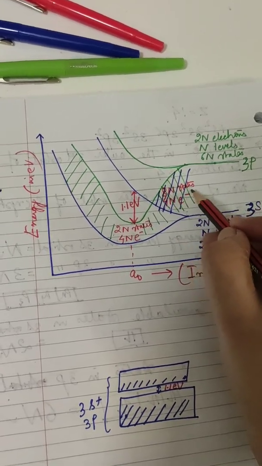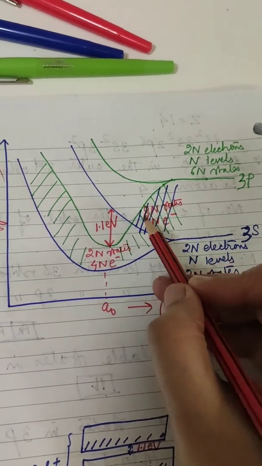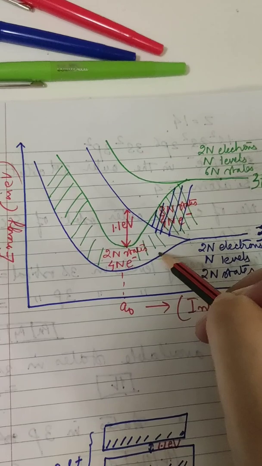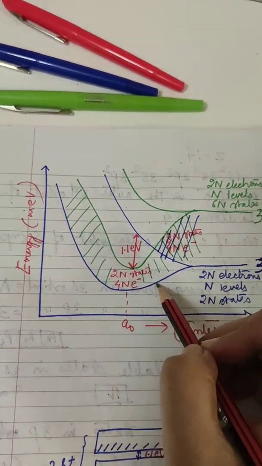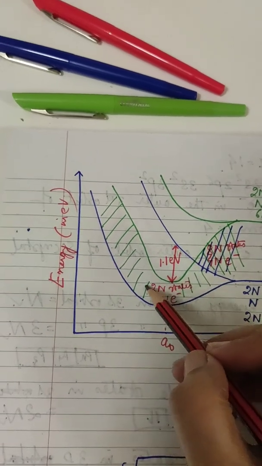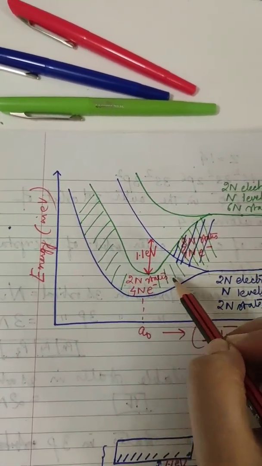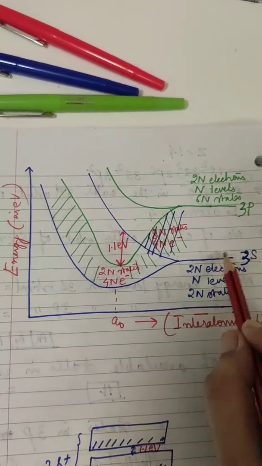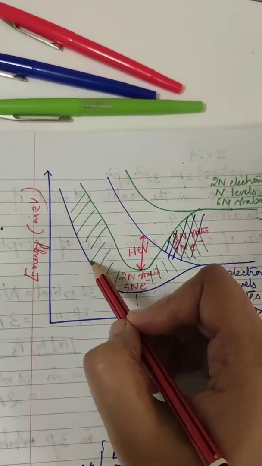There is a state where it has 8n states and 4n electrons, and then the electrons move to the lower energy band. That lower band has 2n states and 4n electrons: the 2n electrons in the 3p band and the 2n electrons in the 3s band all move to the lower energy band.